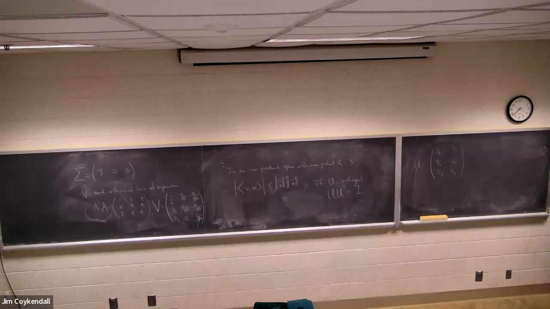Everybody agree with that? The lengths of those two columns are one, and the dot product of them is zero. Agree? So let me show you what happens.